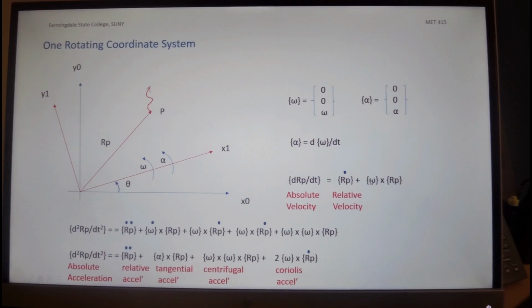Now, the reason why we have this element is imagine that P is not moving with respect to x1, y1, then it will have only a velocity perpendicular to rp in a magnitude of omega cross rp. Why is it cross rp? If you look, for example, at a small displacement d theta of this coordinate system, then this point P will move a small displacement perpendicular to rp, and the magnitude will be d theta times rp.